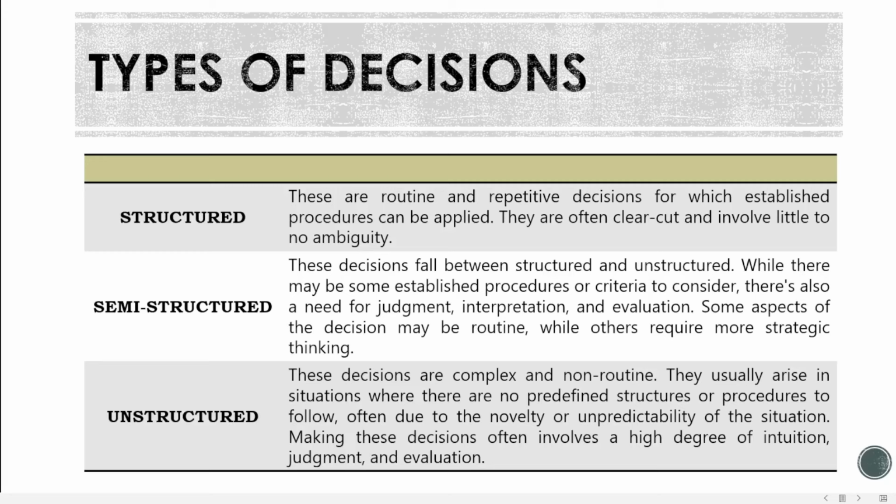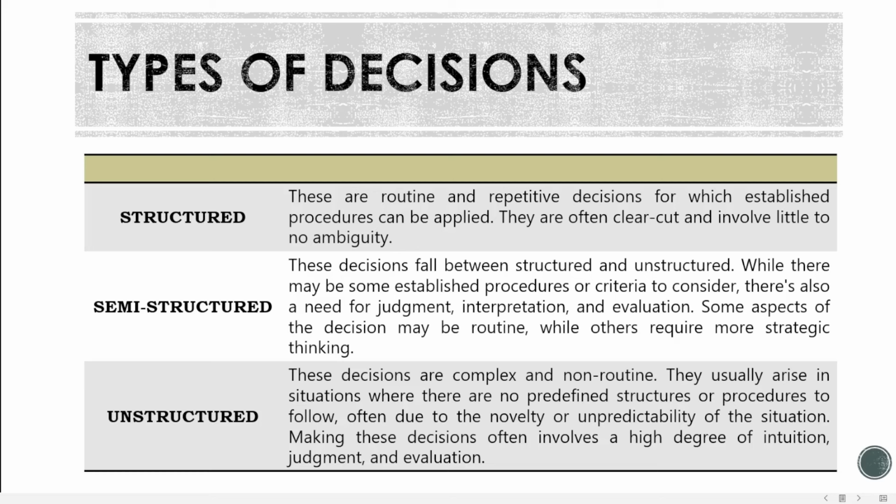Okay, so tignan natin dito yung types of decisions, yung mas expound natin yung definitions and explanations ng structured, semi-structured, and unstructured. Okay. So pag sinasabi natin, let's start with unstructured. Pag sinasabi natin unstructured, these decisions are complex and non-routine.